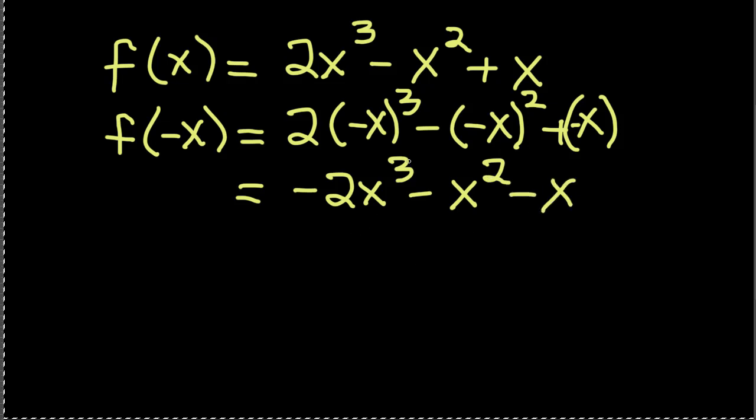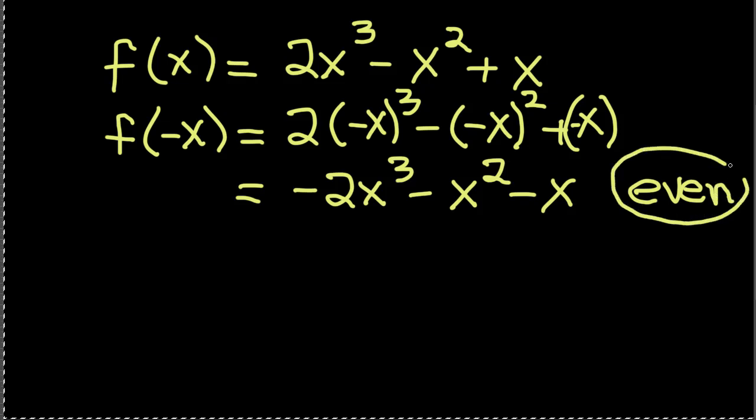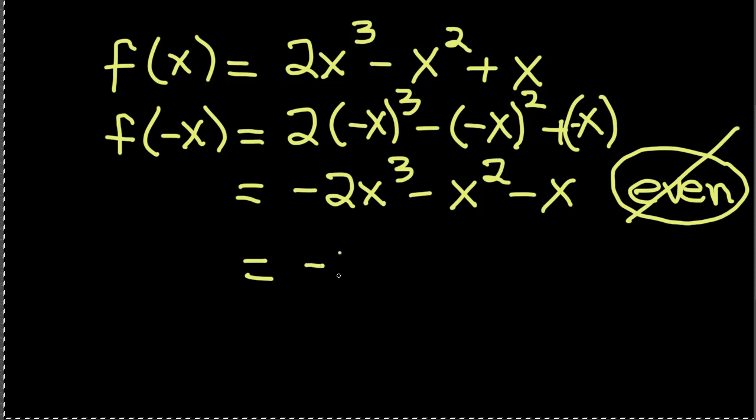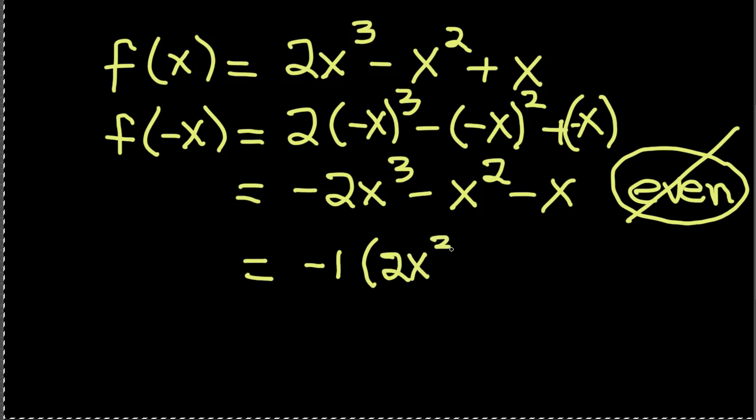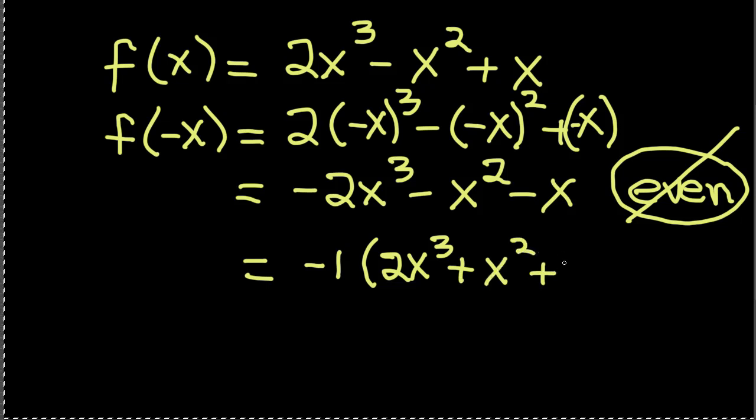So let's see, it's not the same as f of x, so we know this cannot be even. Even? Nope, not even. And we need to factor out a negative to see if it's the same thing as negative f of x. So when I factor out a negative 1, that gives me 2x to the third plus x squared plus x.